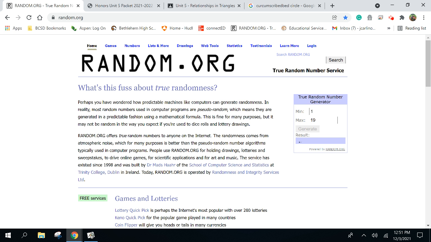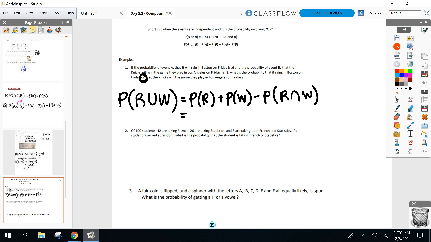Who's up next? What's the probability of rain? Probability of rain is 0.6. Plus, how about winning? 0.3. Now, I know this is tough. We just did the problem, so you know the answer is 0.18. But let's say I never did question 1. How can you still find the probability of the R and W?